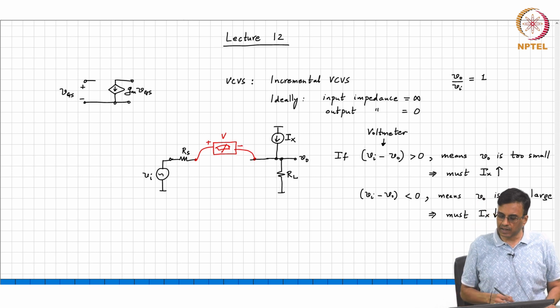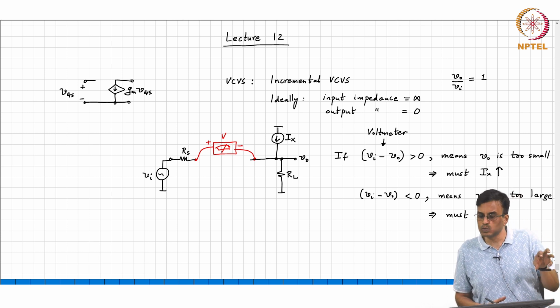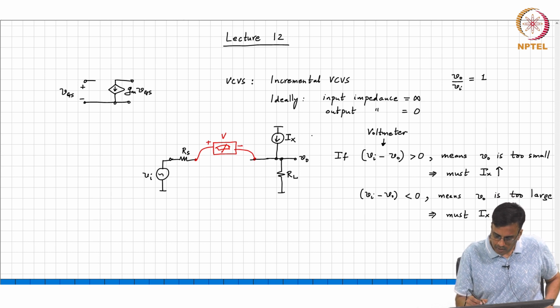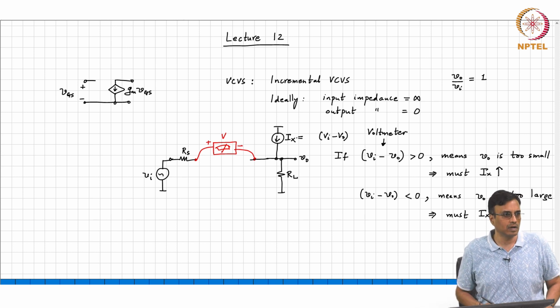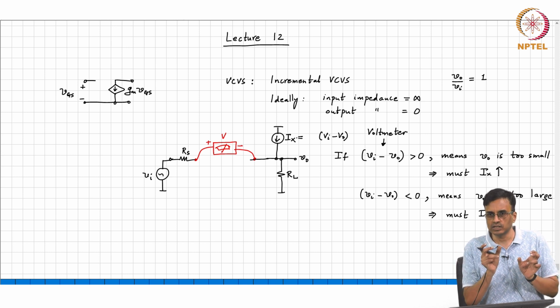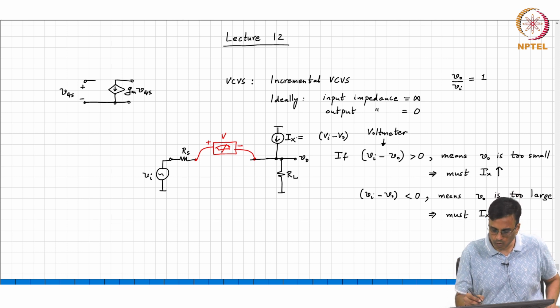So we can see that Ix is the current source which is controlled by which voltage? Vi minus V naught. So it is proportional to Vi minus V naught. The output is a current, the controlling quantity is a voltage, so the constant of proportionality will have dimensions of conductance, and that is what we will simply call GM.